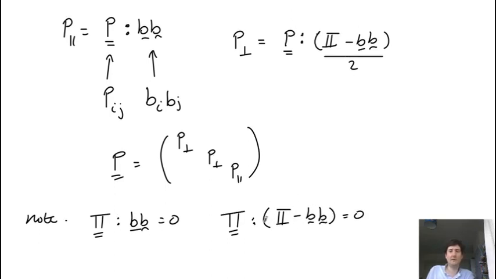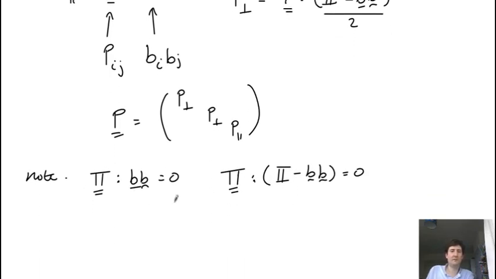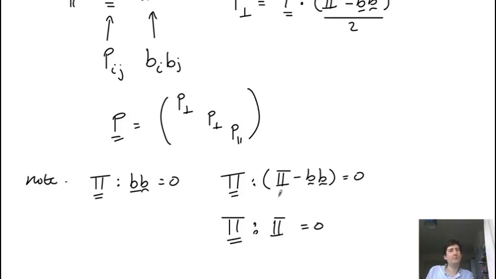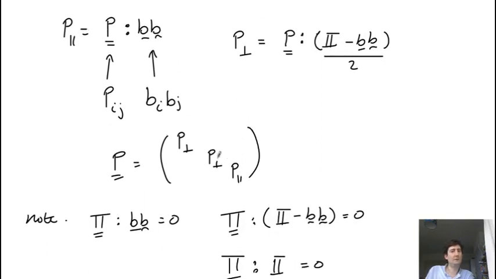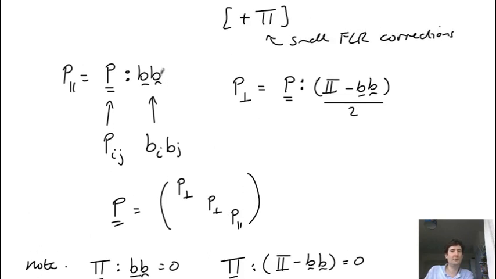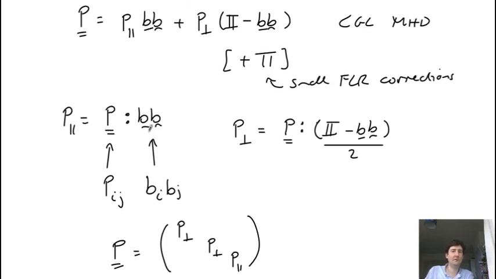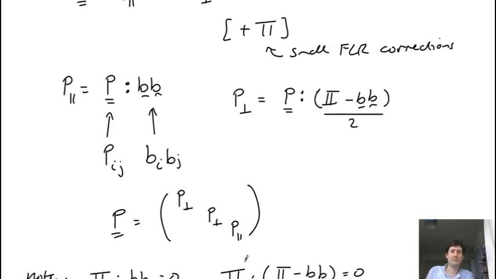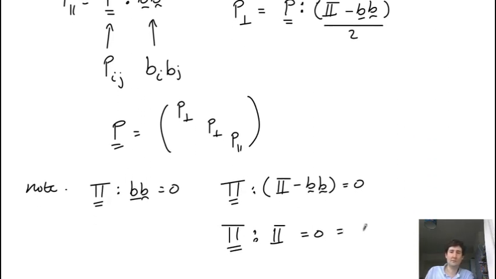And because it's just a linear operator, you can use this and rewrite it as saying that this double dotted with the identity matrix is 0. Actually, if you think about what this is, if this is the identity matrix, that's just the Kronecker delta, and so what this is doing is just taking the trace.